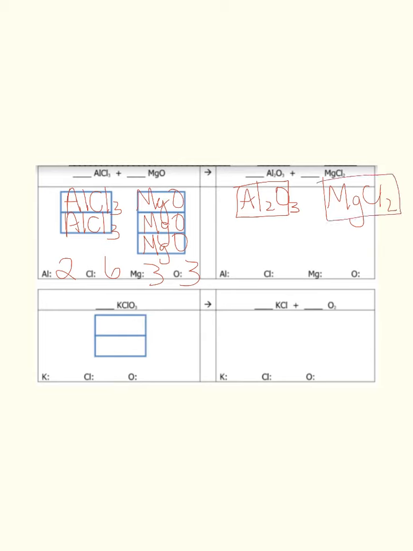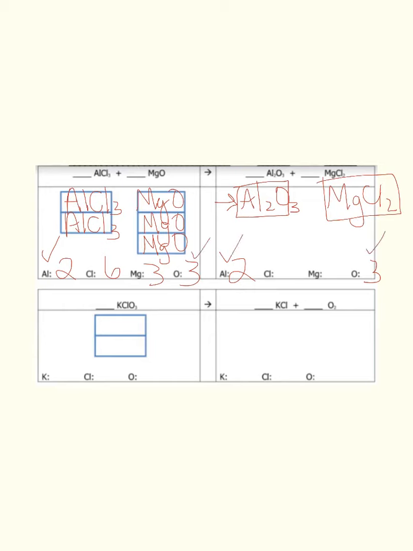And then I just pick an element to start with. I can see that my Al is good, so I probably don't want any more boxes of Al2O3. I will go ahead and check O. This O, I have 3.